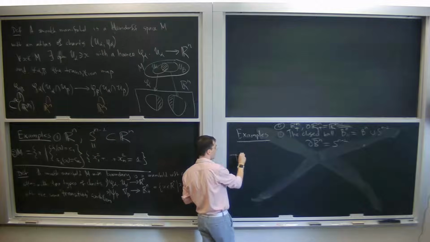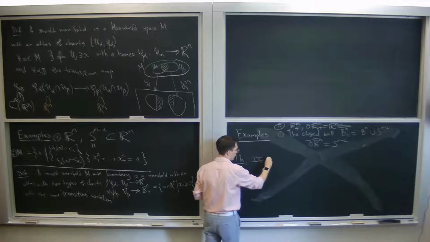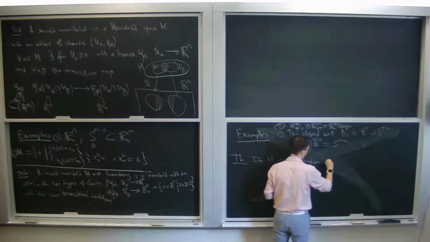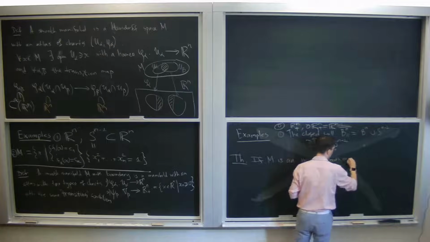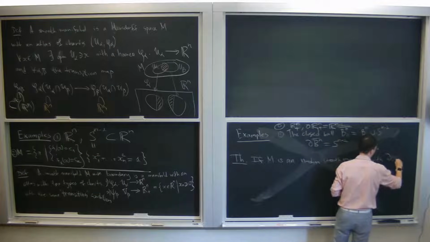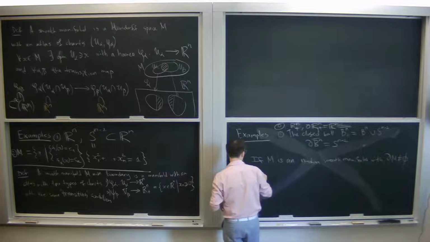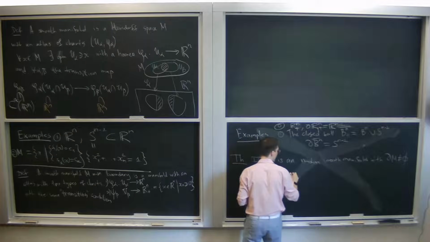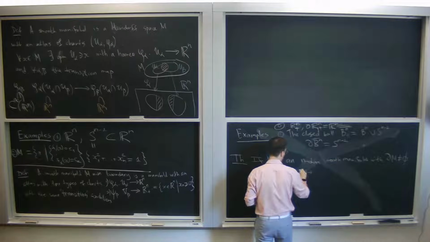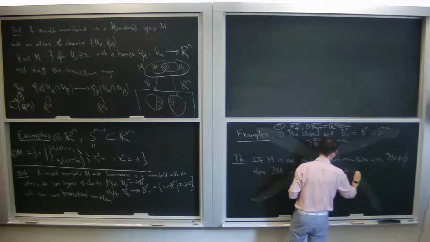And indeed, there is the following theorem or lemma: if M is an n-dimensional smooth manifold with non-empty boundary, then the boundary dM is itself a smooth manifold of dimension n minus 1.